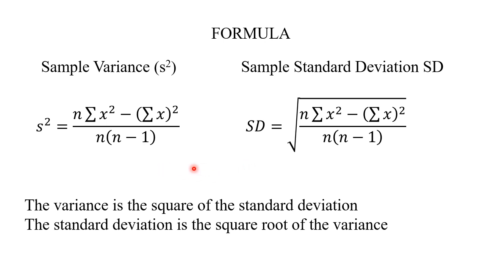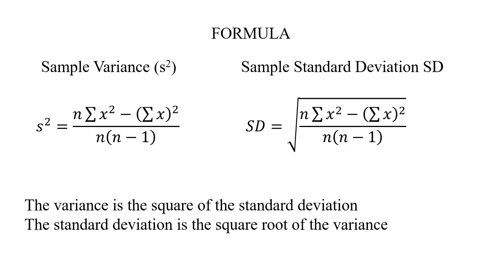So sometimes class, if you are given the variance, you can always solve for the standard deviation by taking its square root. Or sometimes you are given the standard deviation, and if you are asked what is the variance, all you have to do class is square your standard deviation.